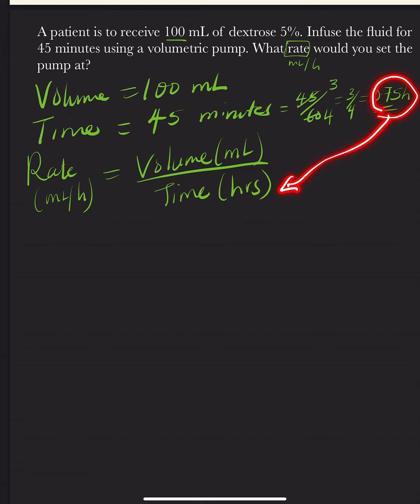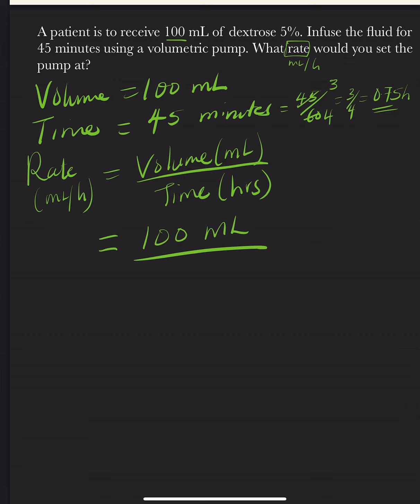And this now becomes the time in hours that we can use. It's more acceptable. So what we could do now is input the details that we got over here. Our volume is 100 milliliters. Then you divide this by time, which has been given for you now as 0.75 hours.